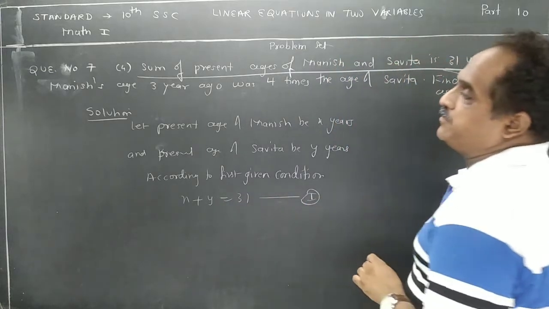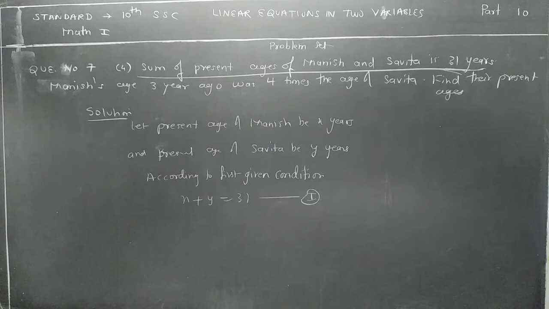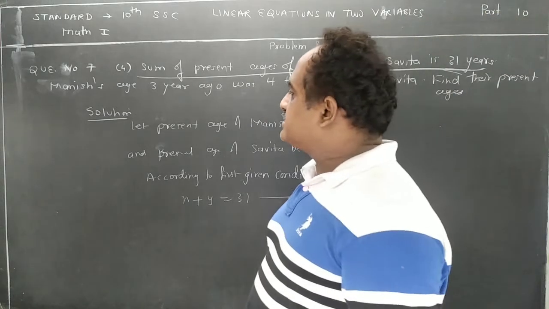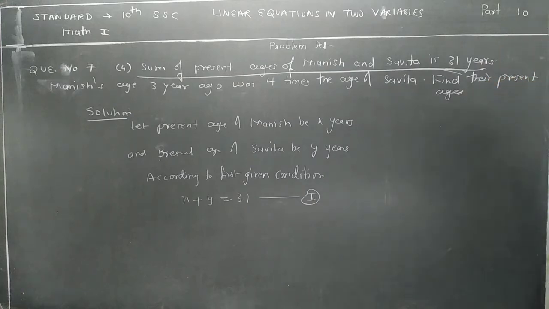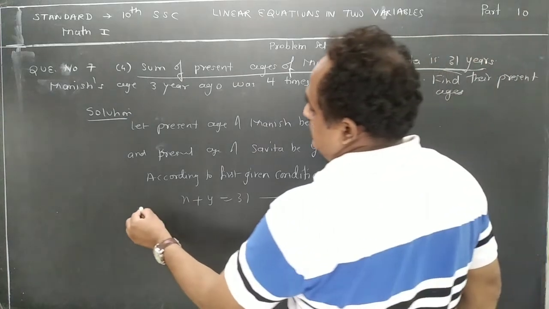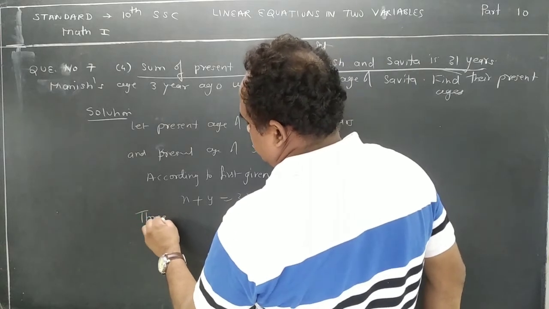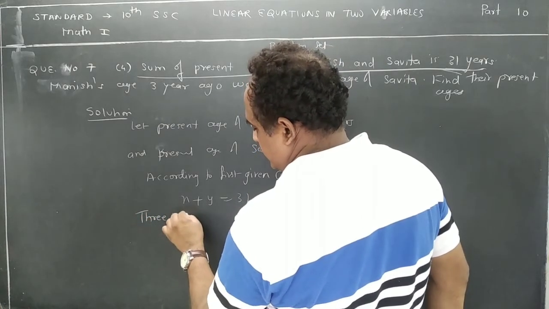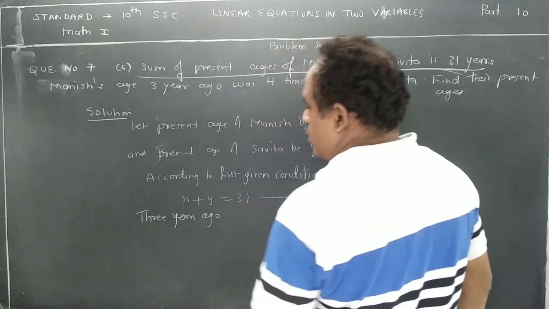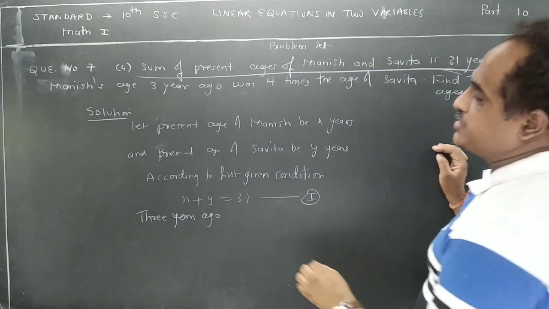Once they give Manisha's age 3 years ago, please note such questions will come: 3 years ago, 5 years ago, 2 years later. In such cases, find the ages of that time. So what would I write for 3 years ago? What was the condition?